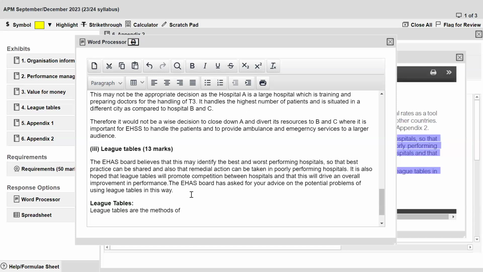League tables are the method of comparing the performance by using the same technique as is used in the football leagues.